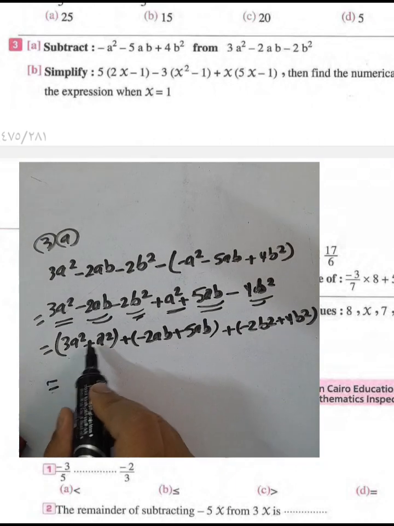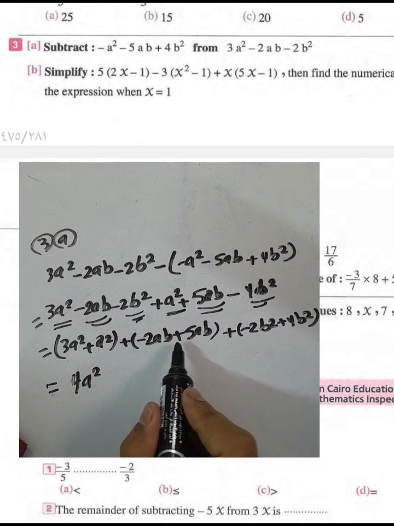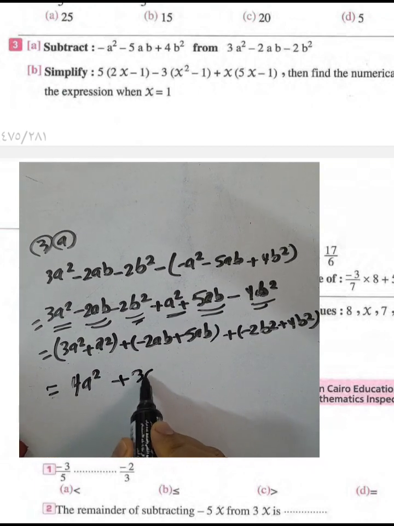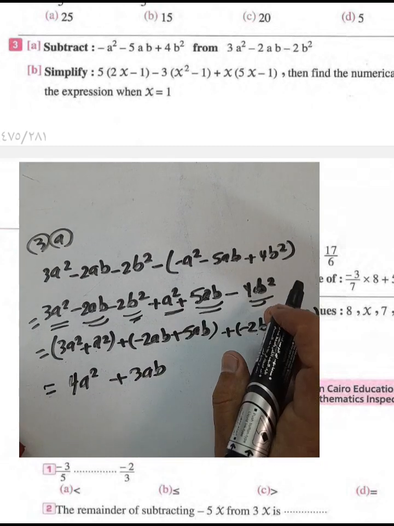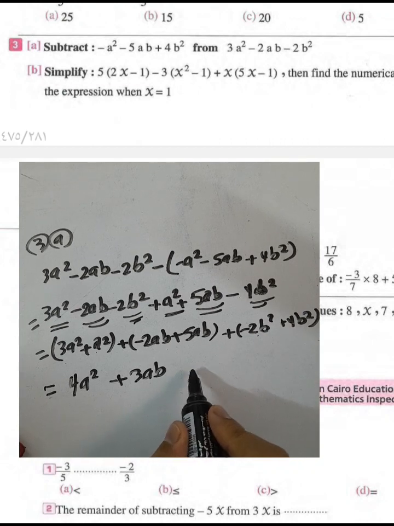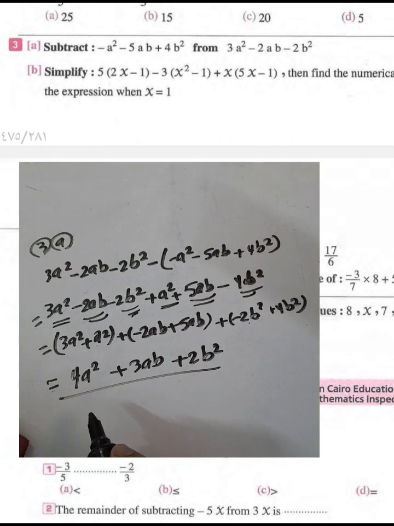Then 3 plus 1 will be 4. The result will be 4a power 2. Negative 2ab plus 5ab will be 3ab, and negative 2b power 2 plus 4b power 2 will be positive 2b power 2. Then this is the result of this example.